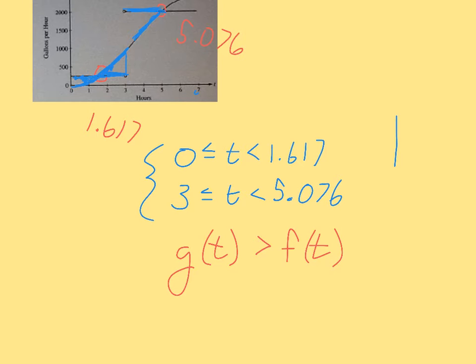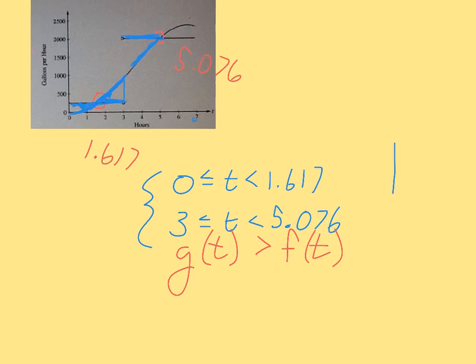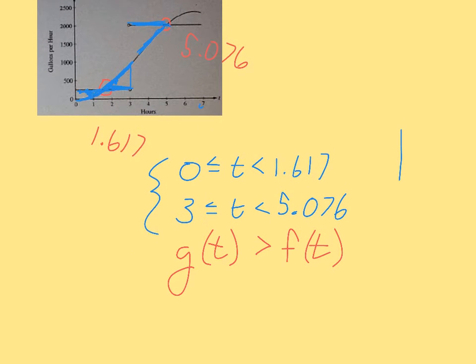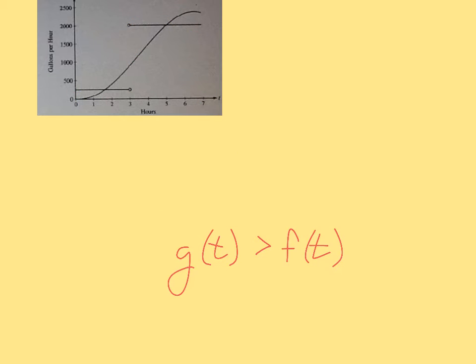Now the big question here is question C. Okay, so let me just get rid of a few things so we can see our graph again. Okay, so here's my graph, and part C says at what time is the amount of water in the tank the greatest?